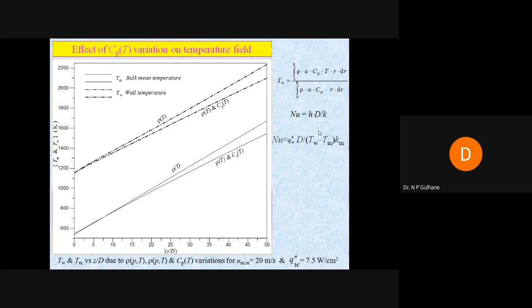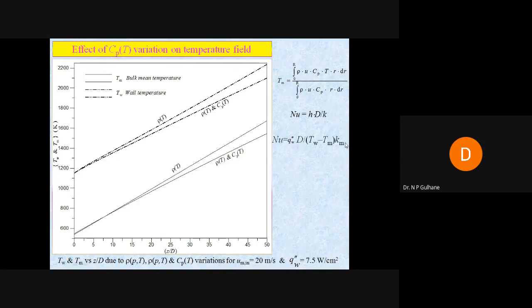So we put the difference T_W minus T_M for density variation and T_W minus T_M for density plus Cp variation. We put this value. Then we found that T_W minus T_M will change, which will vary this Nusselt number for all constant q double prime, D and k_m.